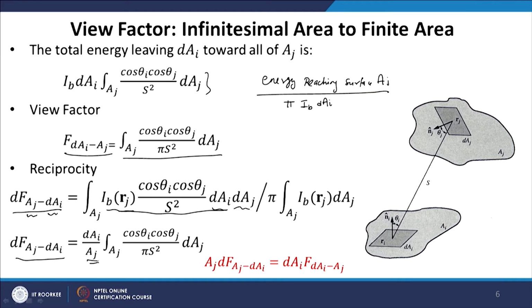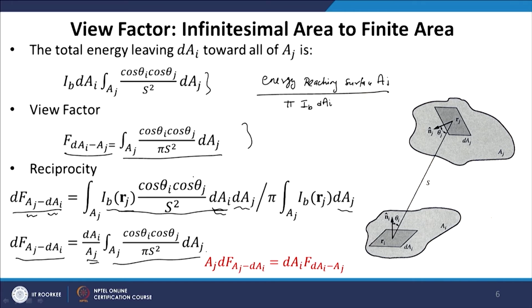So, we get dF Aj to dAi, that is the view factor from the entire surface Aj to the small element dAi, is equal to the area of the small element dAi, which we have taken out from this integral, divided by Aj, times the integral of cos theta i cos theta j upon pi s square dAj. What we identify from this is that this quantity is basically the view factor that we derived previously.